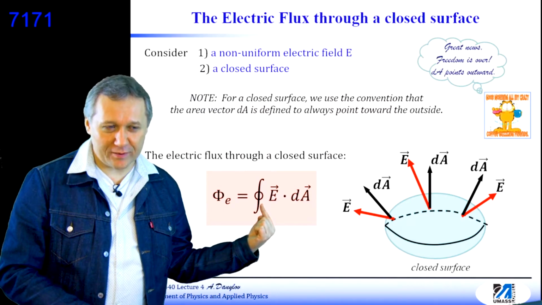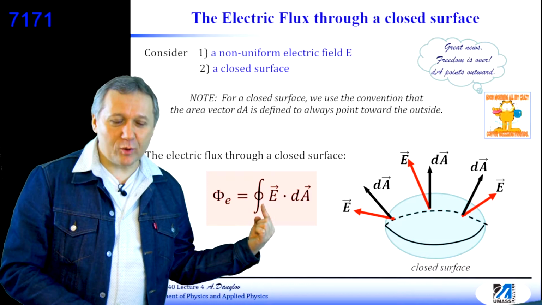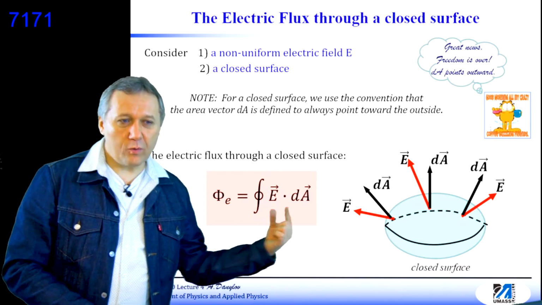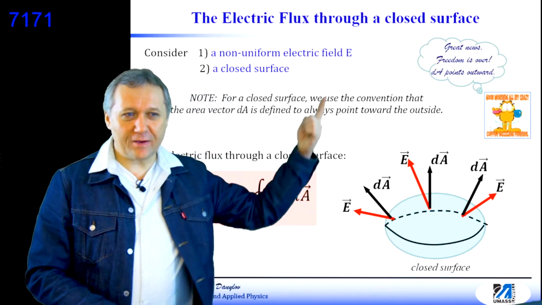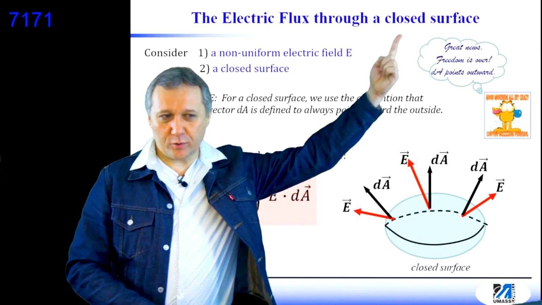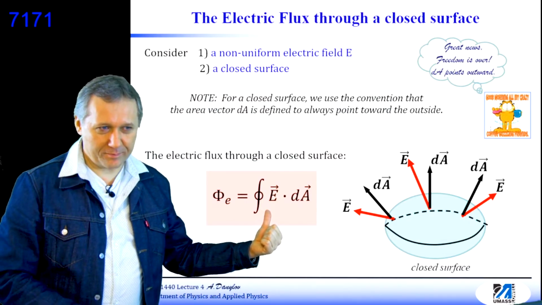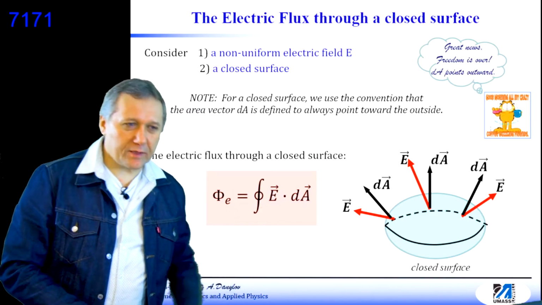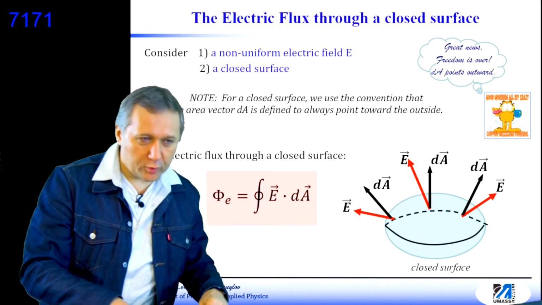And now the difference between the previous expression and this expression is only in this small circle in the middle of the integral sign. That small circle means that integration is done over a closed surface. Basically, the fact that we're dealing with a closed surface is in this small circle. In a month or so, we will introduce another fundamental law where integration will be done over a closed loop.